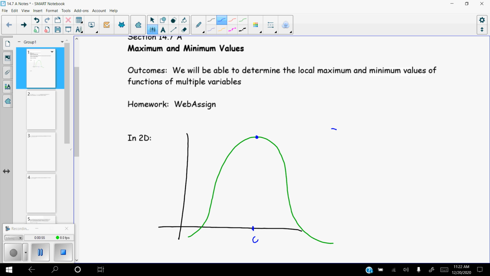And we would say simply that f prime of c equals 0, or the derivative or the slope there equals 0. So if that's the case, then x equals c will be a critical point. We can actually say critical point there because it's an actual point on the graph, not just a critical value.